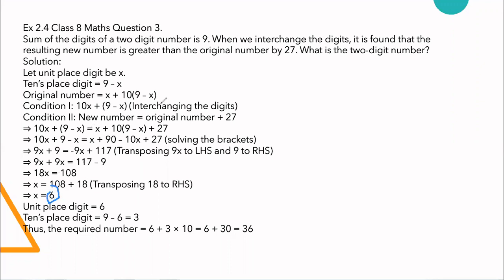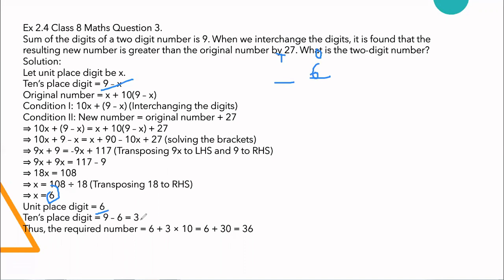So x was our ones place, right? And in the tens place was our 9 minus x. So x we have got as 6. So I'll place it in my ones place here, and tens is nothing but 9 minus x.